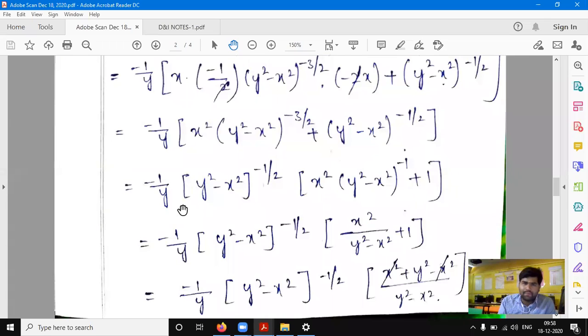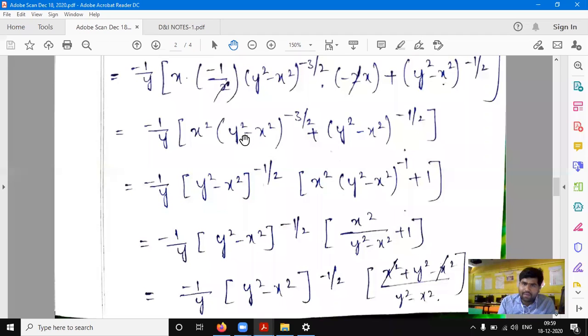So that is minus 1 by y into, so here y square minus x square all to the power of, this one we can write minus 1 by 2 minus 1. Yes or no? Y square minus x square all to the power of minus 3 by 2 there. So this minus 3 by 2 we can write as minus 1 by 2 minus 1.